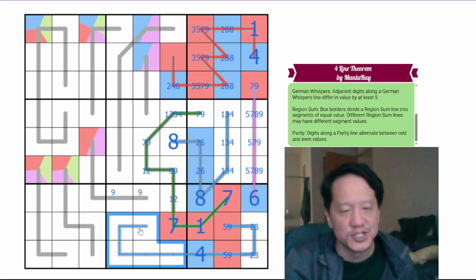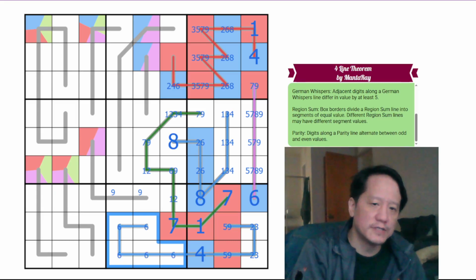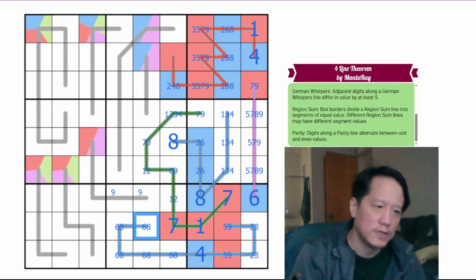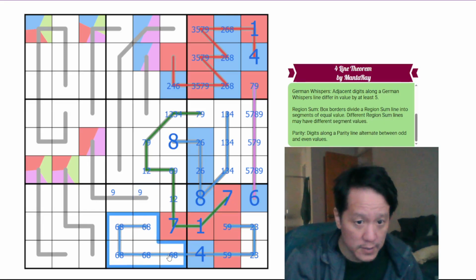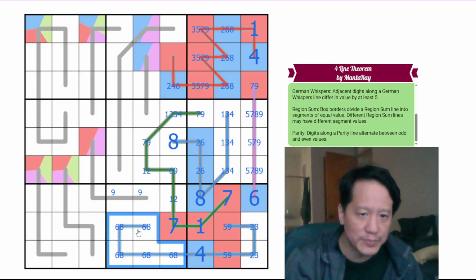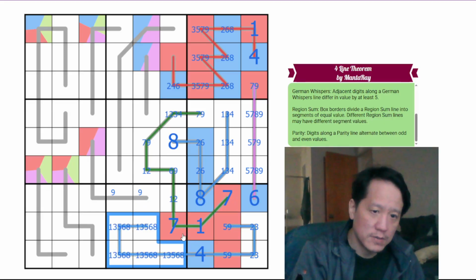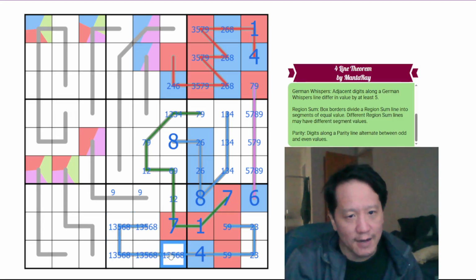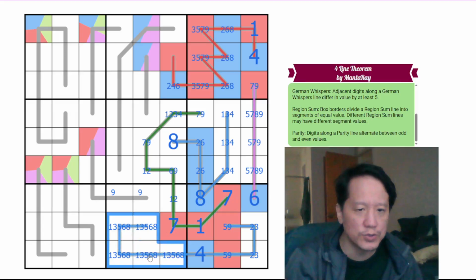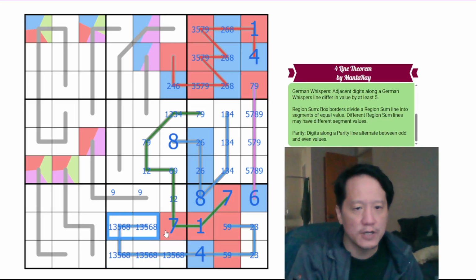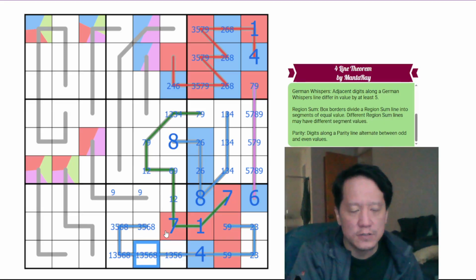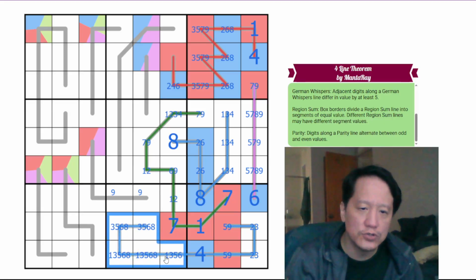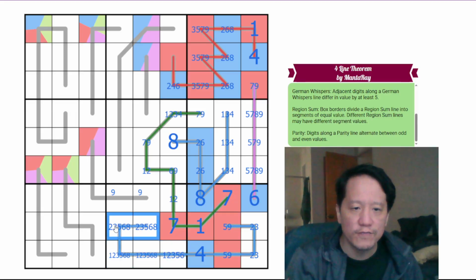So the other 3 digits, I should say, have to add up to 9. We have guaranteed 6 and 8 here. If it's 1 here to add up to 9, it has to be 1, 3, 5. If it's not 1, it has to be 2 with 2, 3, and 4. So 1 can't be here. No 8. So 2 would be 2, 3, and 4.